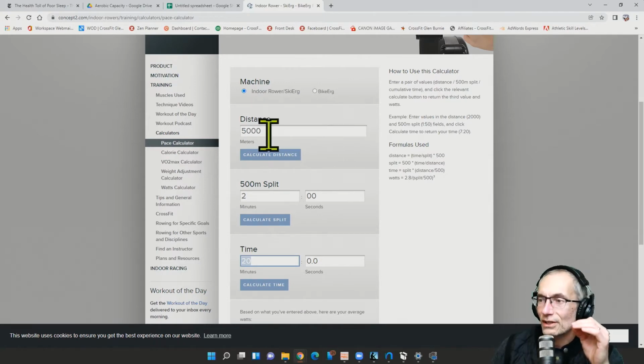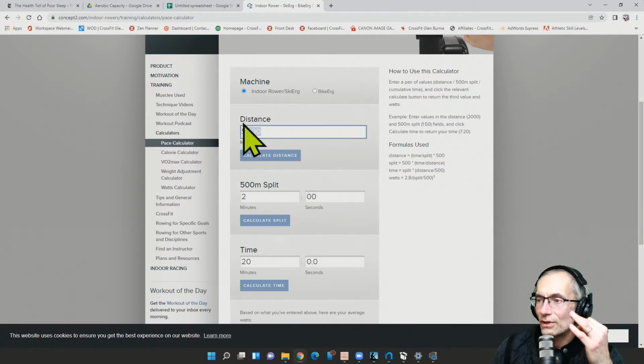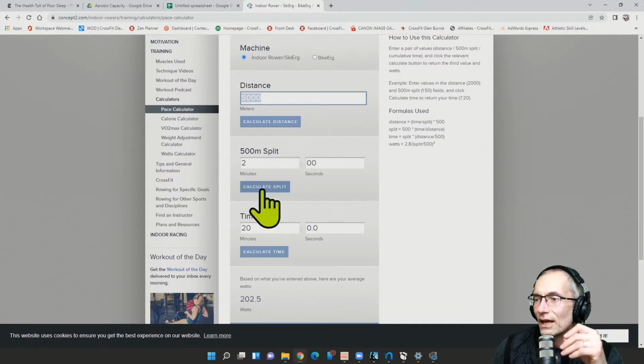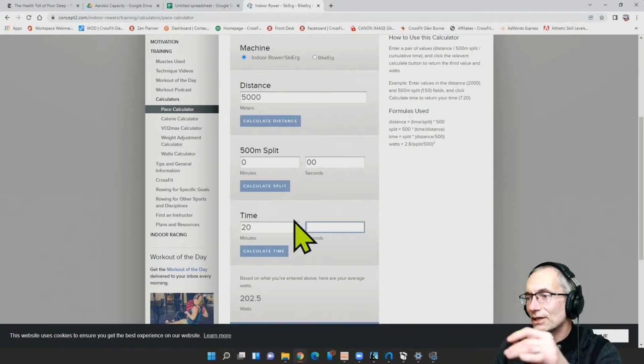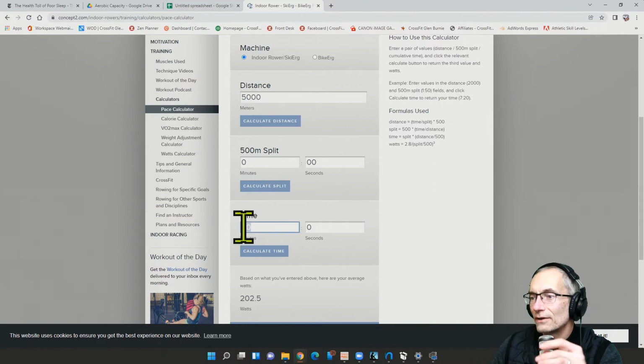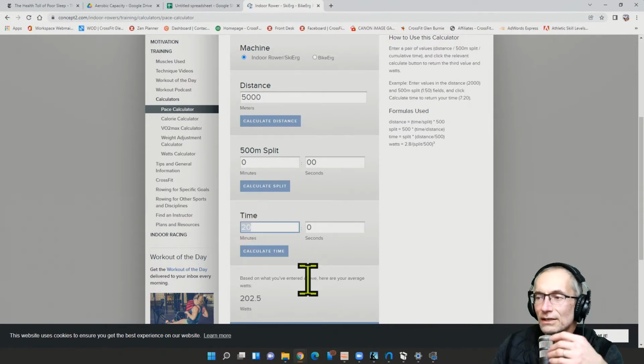The way this calculator works, let's say we know the distance, 5,000 meters. We don't know how fast we need to row, but we know what time we want to get off the rower. The coach might say, let's make sure we have 2 to 3 minutes left on the clock to do our wall balls.